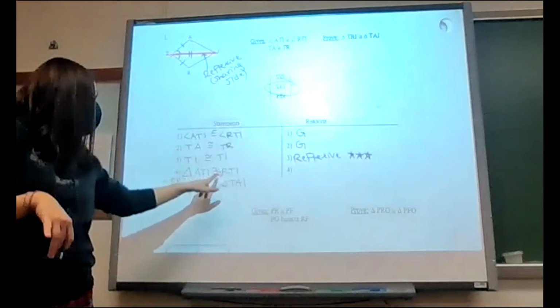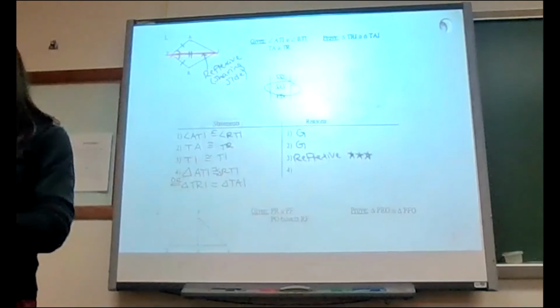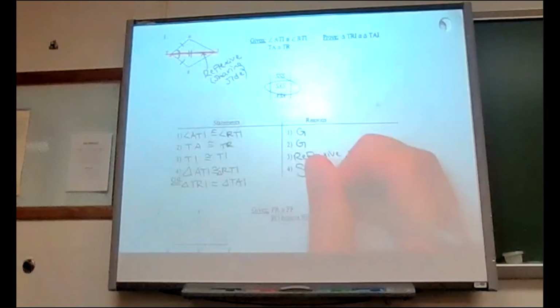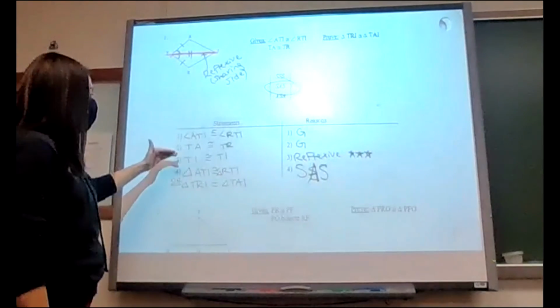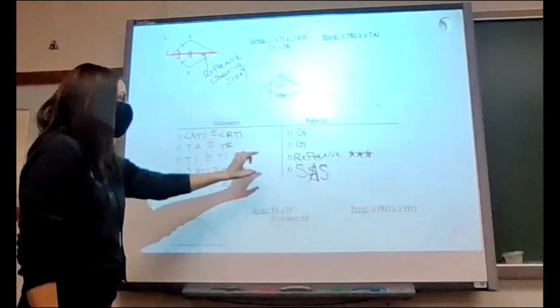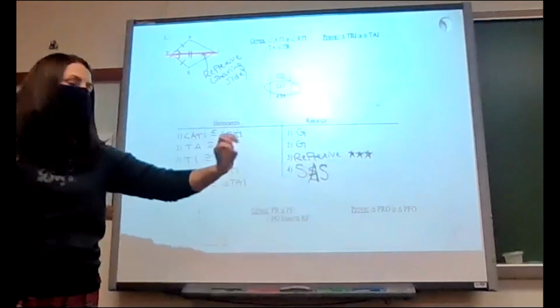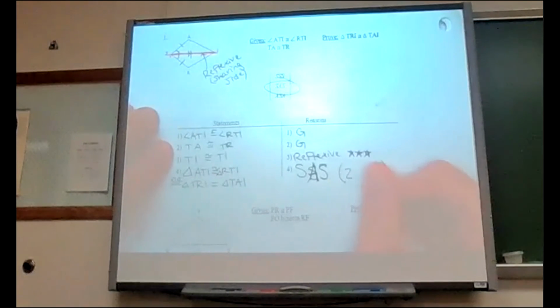They went TRI, TAI. The reason that they are congruent is by side, angle, side. This is why I shouldn't rush. Okay, so here are my 3 pieces. They're congruent by side, angle, side. When we do this, hold on, we write where my sides are, which are in step 2 and 3, and where my angle is, which is in step 1.